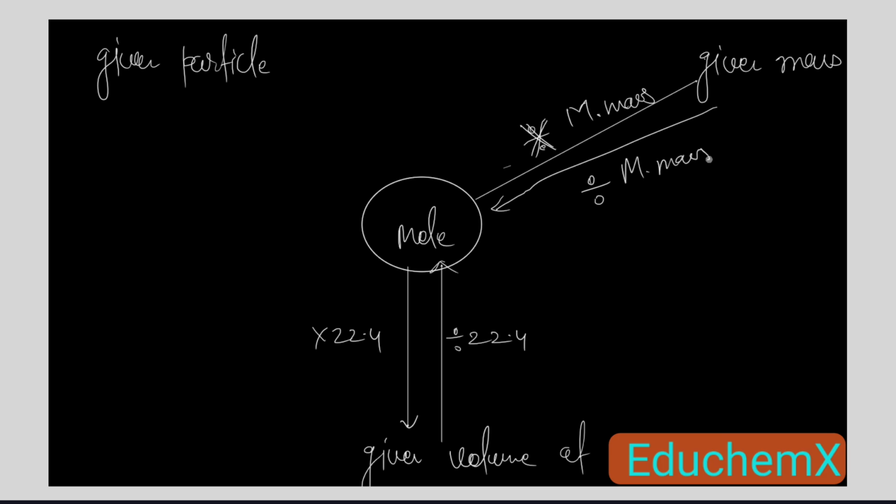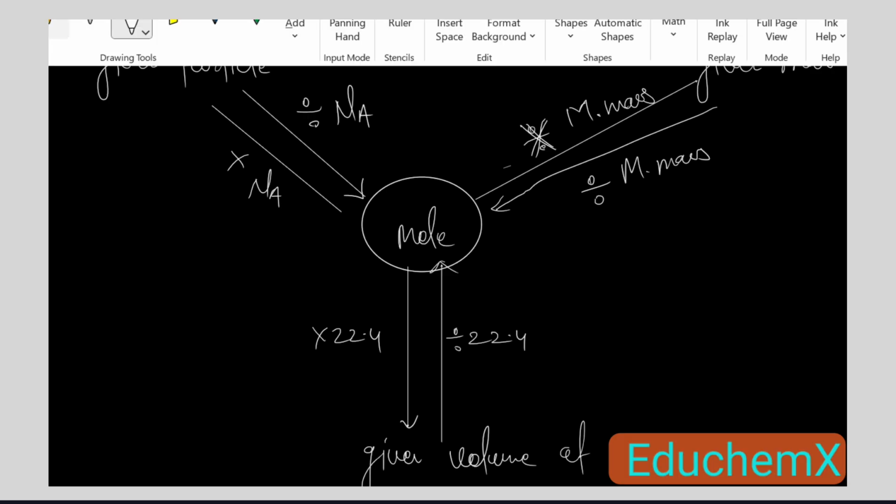Similarly, when you have to find the number of moles from the given mass, you just divide by the molar mass. But when you have to find the given mass from the moles, you multiply by the molar mass.